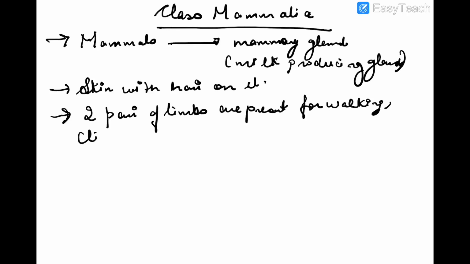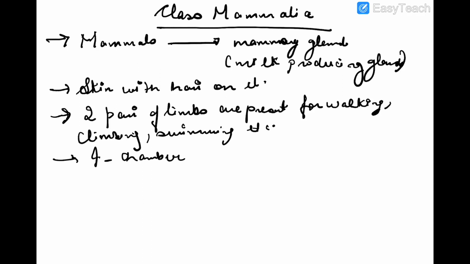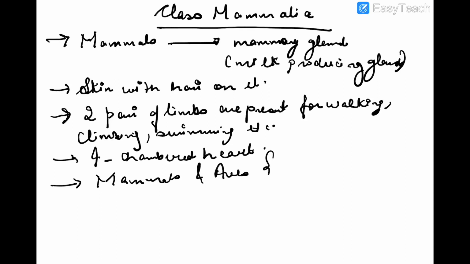climbing, swimming, etc. They have presence of a four-chambered heart. Mammals as well as aves, which we have discussed previously, are warm-blooded.